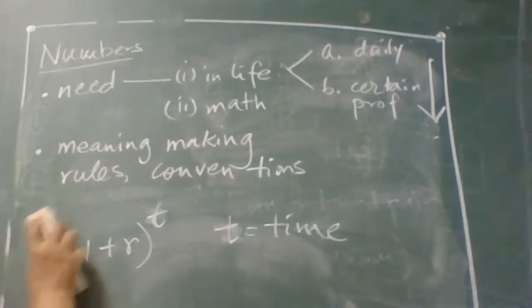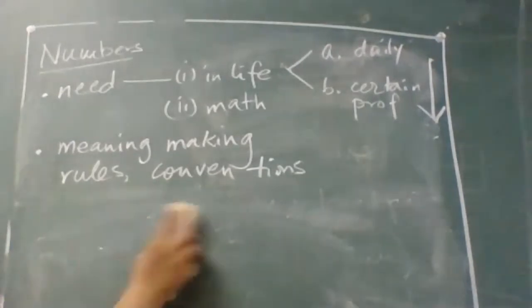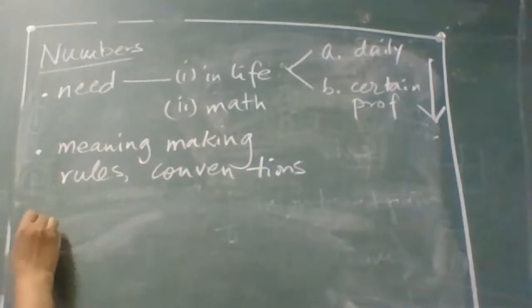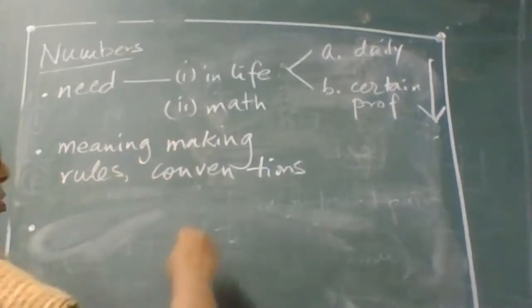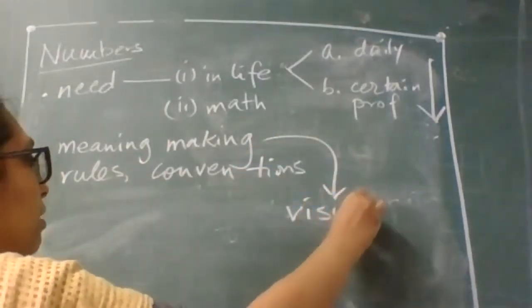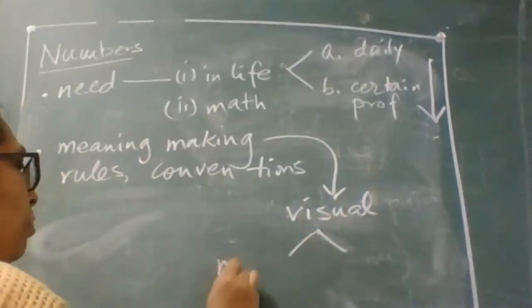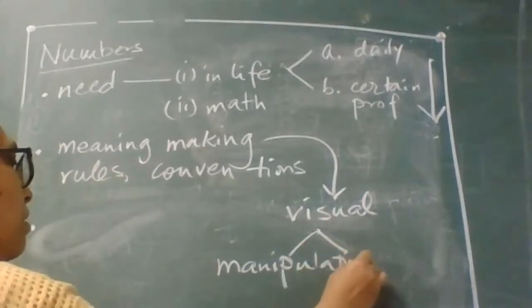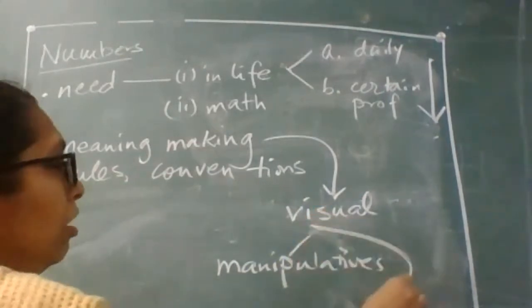So anyway, once we are done with this part, need and meaning making, especially the rules and conventions part, then comes meaning making, where it's a good idea to use some kind of visual model. Visuals can come from manipulatives or models.